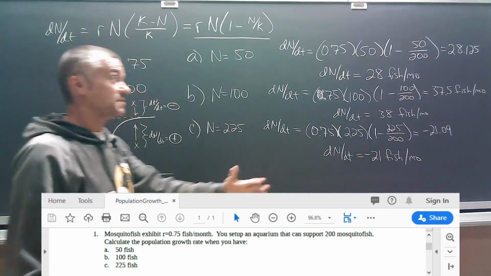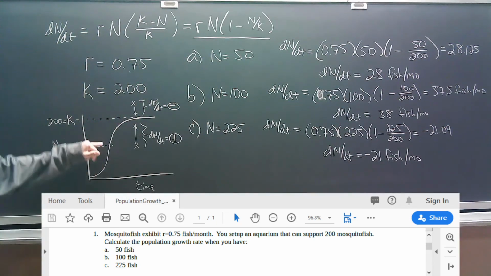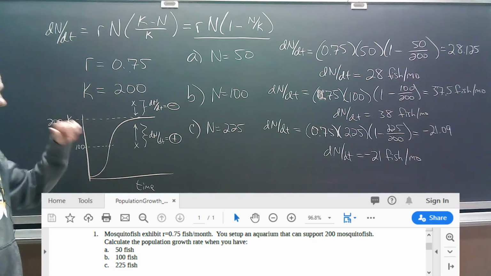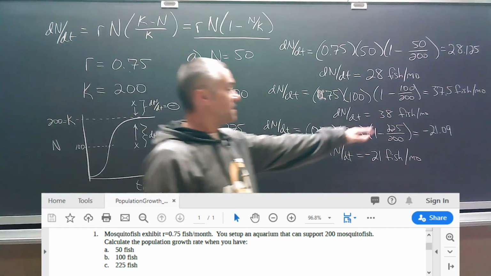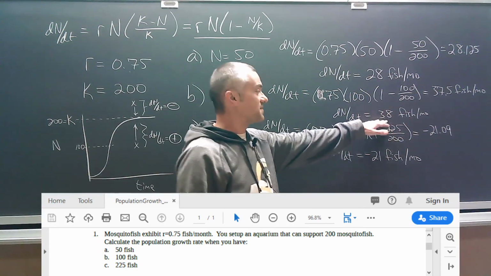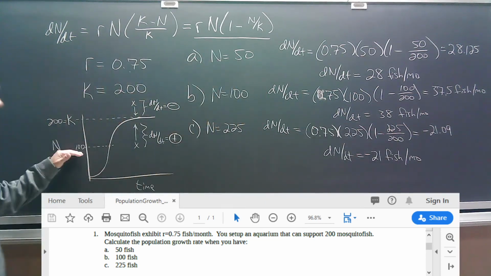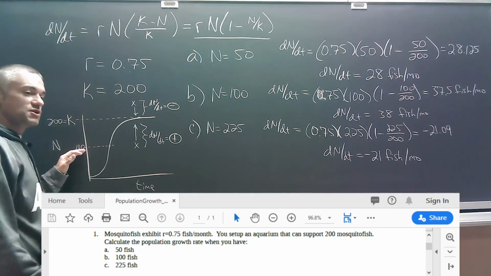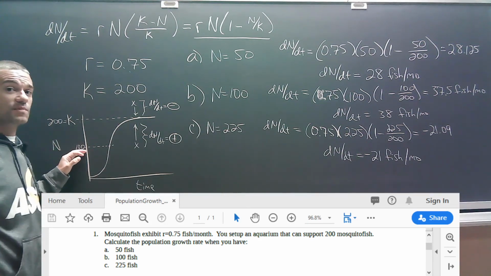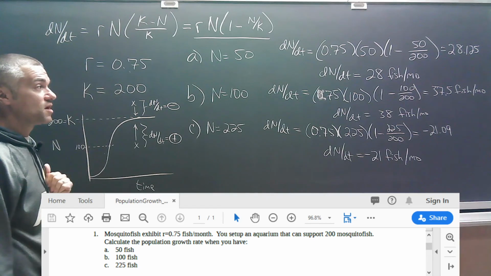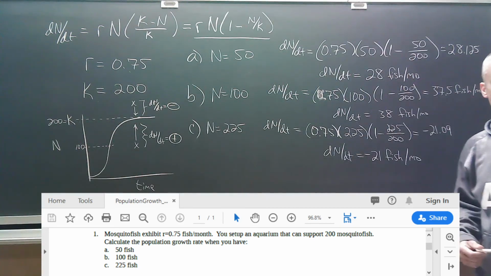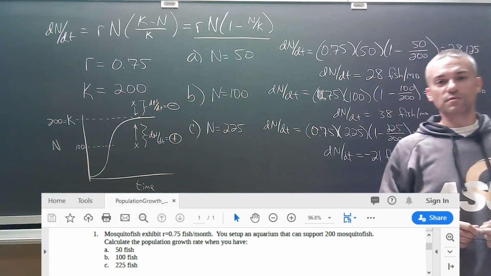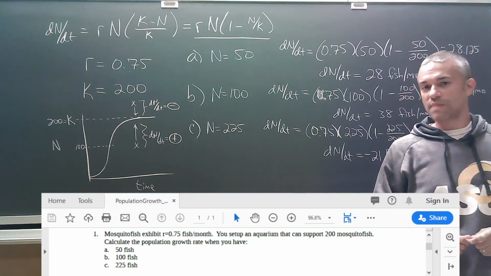We only exhibit 28 fish per month. If we go above 100 fish in our population size, we're going to have a lower population growth rate because, again, half of our carrying capacity is the population size where we exhibit our maximum population growth rate. So this is question number 1. Hopefully it helps you solve our problems and you feel comfortable calculating changes in population growth rate.